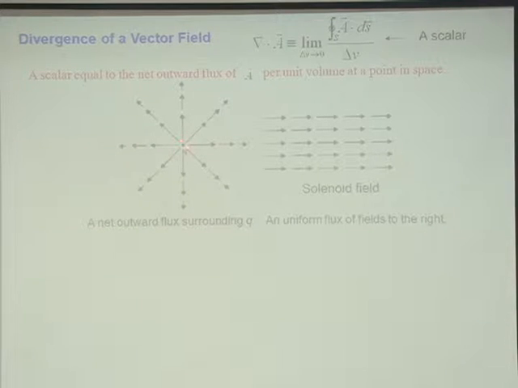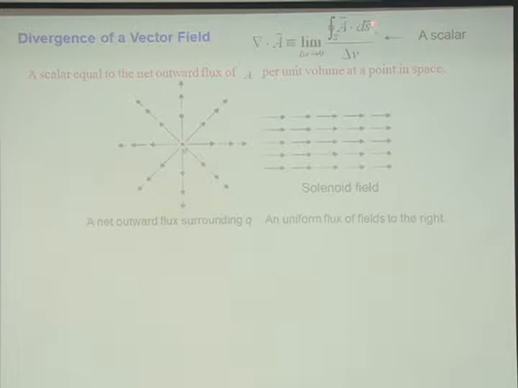Okay, so the definition of divergence is that if you go to a point and assume there's a very, very small volume around it, and then you do a cross-surface integration for this vector, that is a flux, right? If you integrate a vector along some surface, then this is a flux. And allow this volume to shrink to almost a point. Then this value gives you the definition of divergence of this vector.